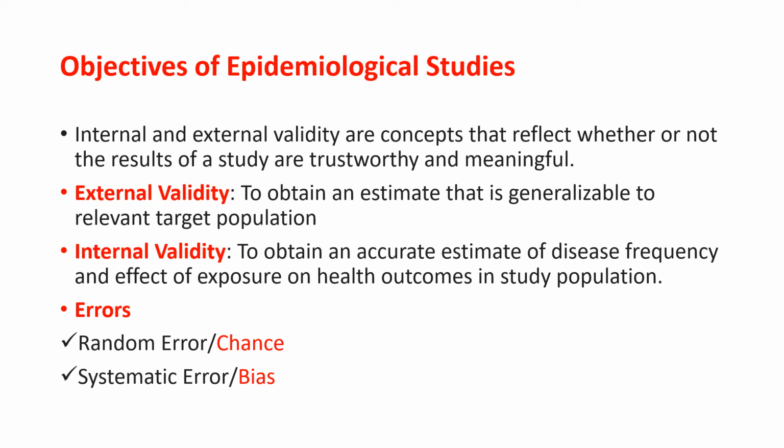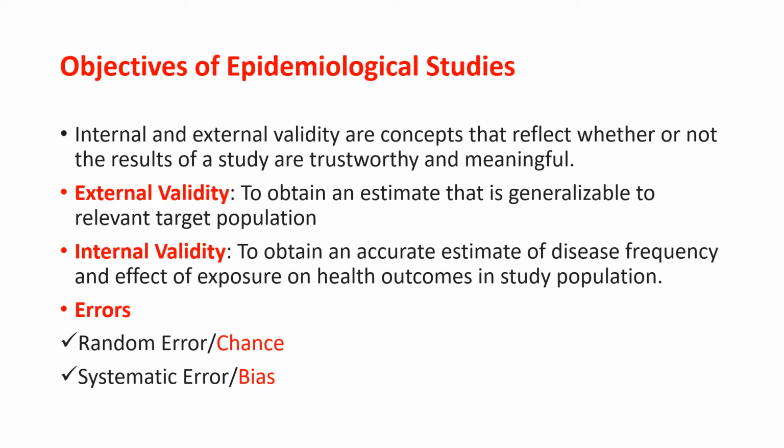Apart from the fact that it should be externally valid, that is, the data generated and the conclusions made can be applied on a larger scale to the community from which the study population is taken, it also has to be internally valid. What is this internal validity about? It is about obtaining an accurate estimate of the disease frequency and effect of exposure on health outcomes in the study population.